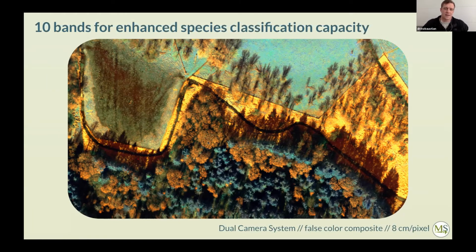You can see that these trees probably were all green in the original image, but if we use a false color composite, you can delineate more clearly between the species. One species type is showing up as orange, another one is showing up as blue. So if you're looking for image classification type applications, the dual camera system does that really well.